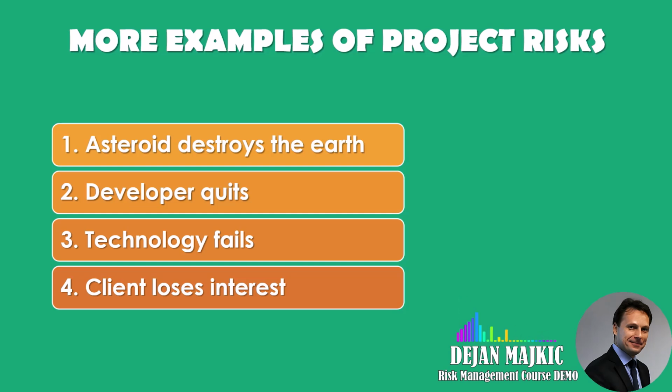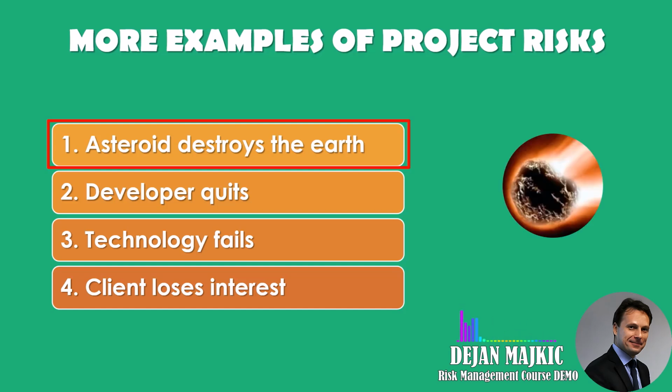So all of these are potential project risks, and they all present ways in which your product could fail, although some are more dramatic than others. Like this first example, for instance, this could be a high impact event, but given that we aren't likely to see any asteroids destroying the Earth anytime soon, the likelihood is low, so asteroid destroying the Earth gets put in the top right corner of your matrix, like this.